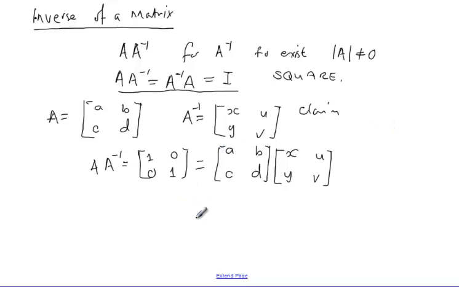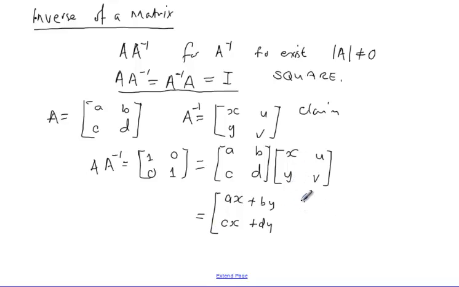So now let's multiply. If we multiply, we're going to say AX plus BY, and then CX plus DY. That's what I get from the first column.